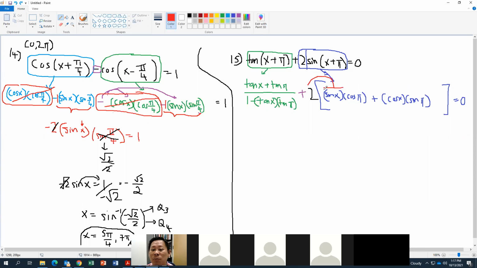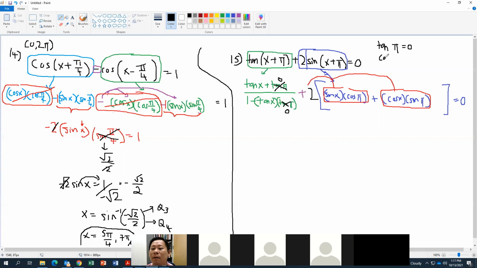So you distribute the 2 to this whole thing and this whole thing. But first, let's take care of pi. Does anyone know what tangent pi is? 0. So this will be 0. This will be 0.